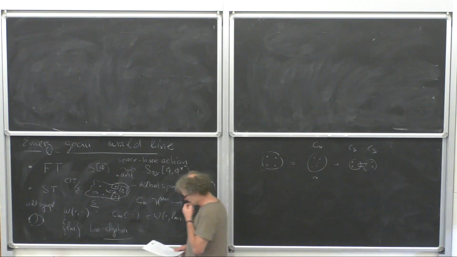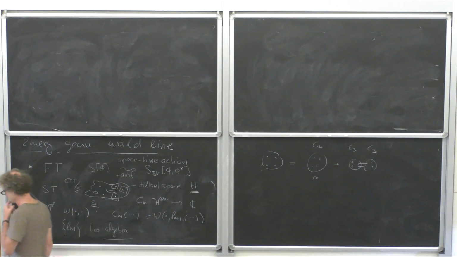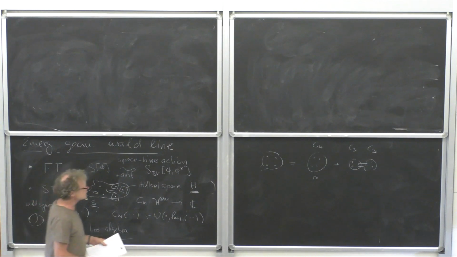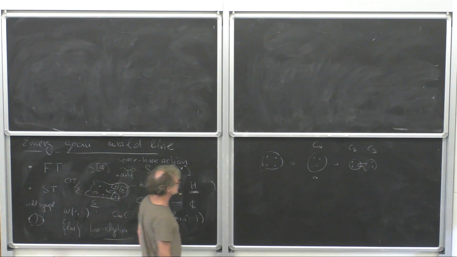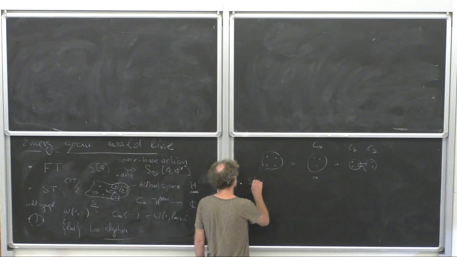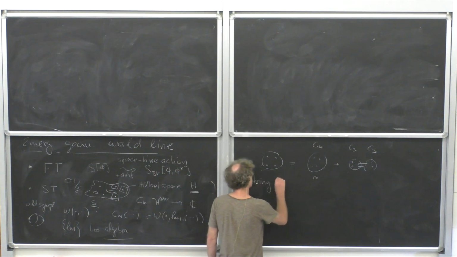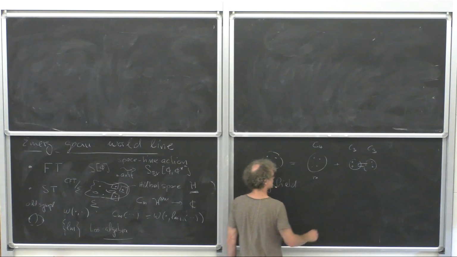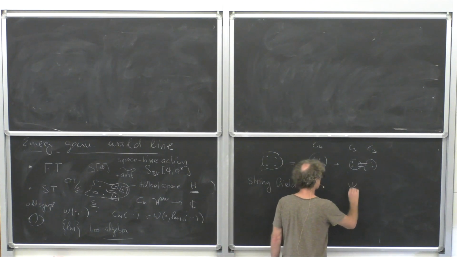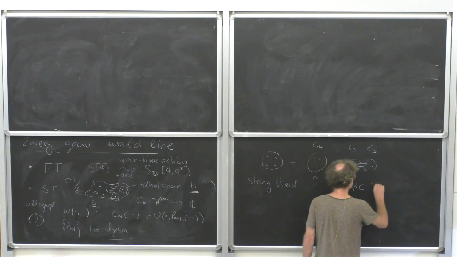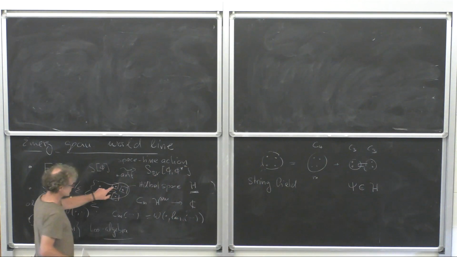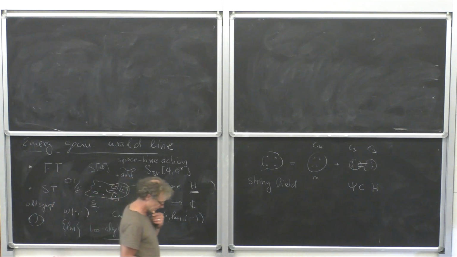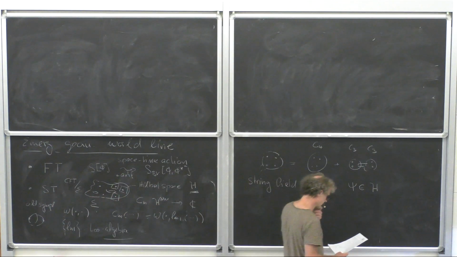So now I still want to get to some space-time action. What I do is define a string field as some state psi in this vector space which I attach to the puncture, which is part of the conformal field theory construction.